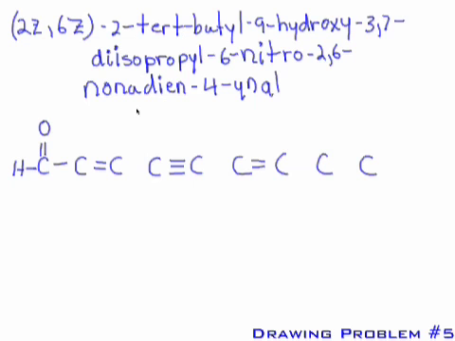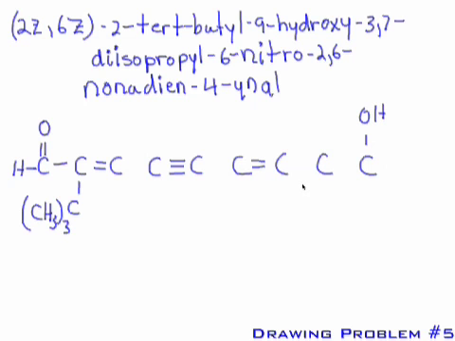If I follow this, I have a 2-tert-butyl. So I'm going to just put that down. And I'm going to just draw it as CH3 three times. A 9-hydroxy. Well, it looks like there is a hydroxy here on carbon 9.